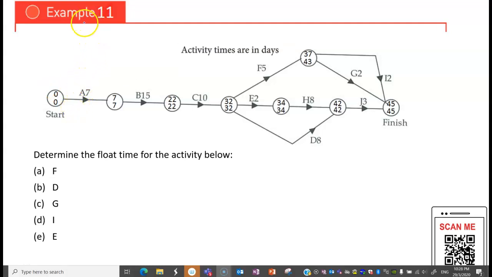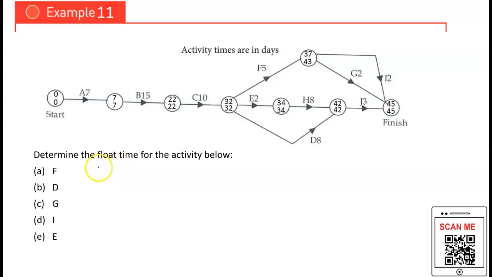Right, now let's try to solve example 11. For this question, you're supposed to find the float time for the activities listed below here. So let's look at the first one. The float time for F. Look at the direction.